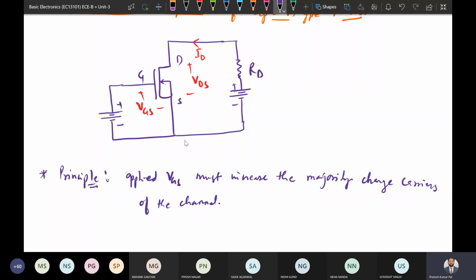In case of the depletion type mode of operation, we were applying VGS such that the charge carriers available to the channel should be reducing. But in case of enhancement mode, we will be applying gate to source voltage such that the number of charges should be increasing in the channel region. If the number of charges is going to increase, that means the current will be increasing, whatever gate to source voltage we are applying.